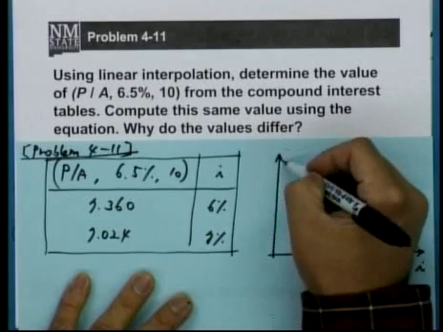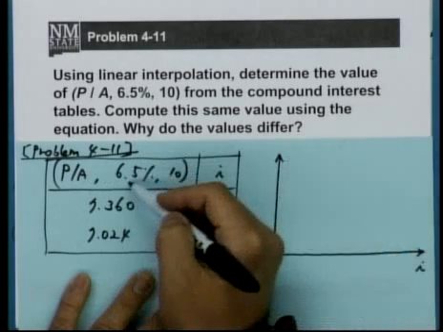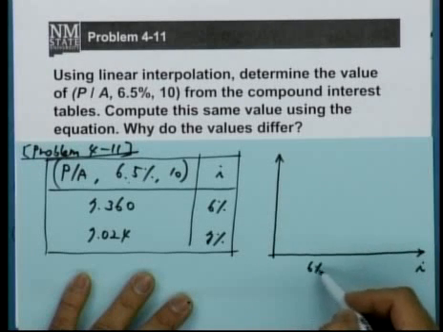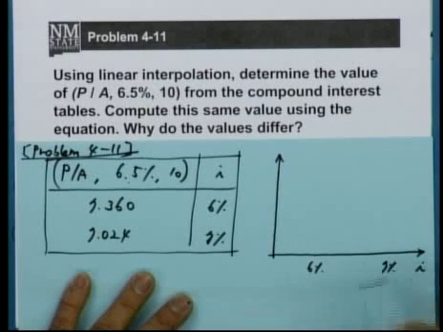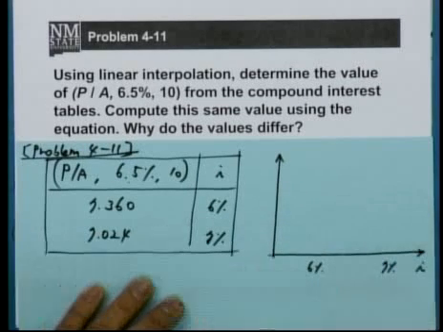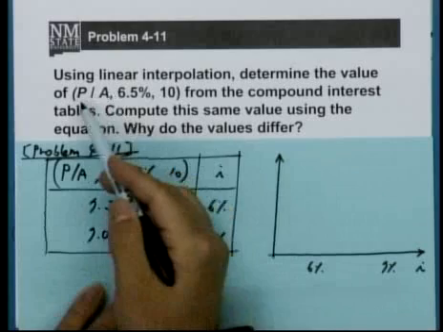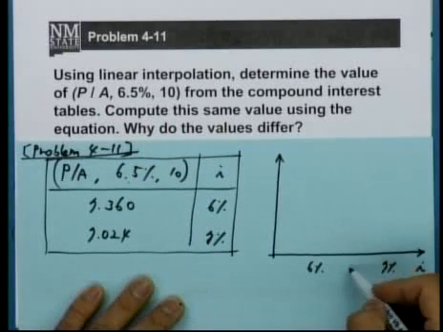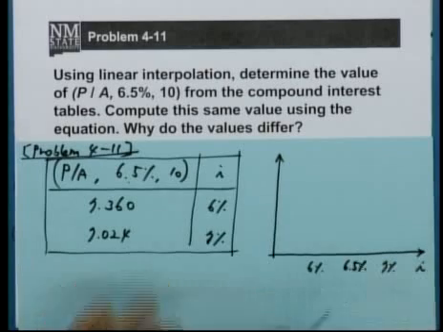The vertical axis represents these vector values. Okay. So we have 6% and 7%. And the targeted vector value is at 6.5%, right?